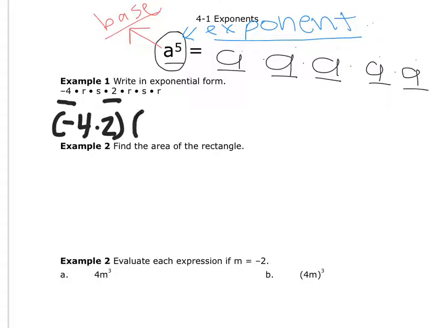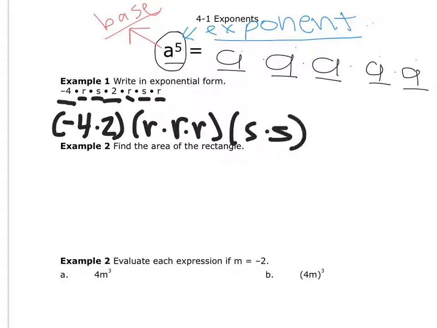And then I'm going to take all the r's and multiply them together, 1, 2, 3. And then I am going to take both the s's and multiply them together, s times s. And now I'm just going to go ahead and simplify that using exponents.